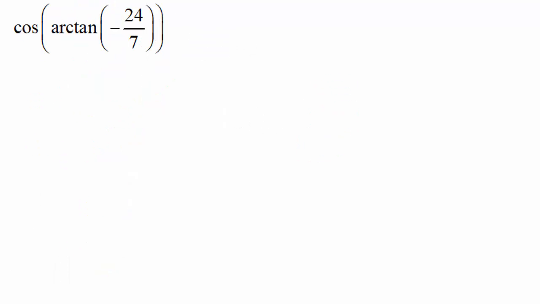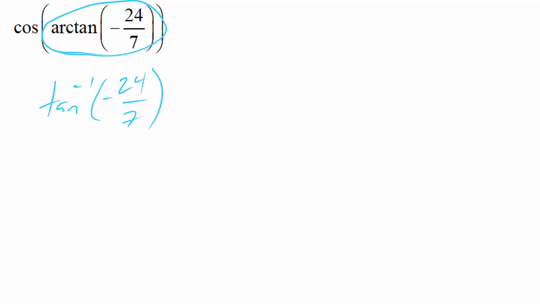For this problem, we are looking to simplify the cosine of the arctan of negative 24 over 7. So what we're going to do first is worry about the thing inside the cosine's parentheses, the arctan of negative 24 over 7. Now, arctan can also be written as tangent inverse. If you prefer to look at the problem this way, that is perfectly acceptable.